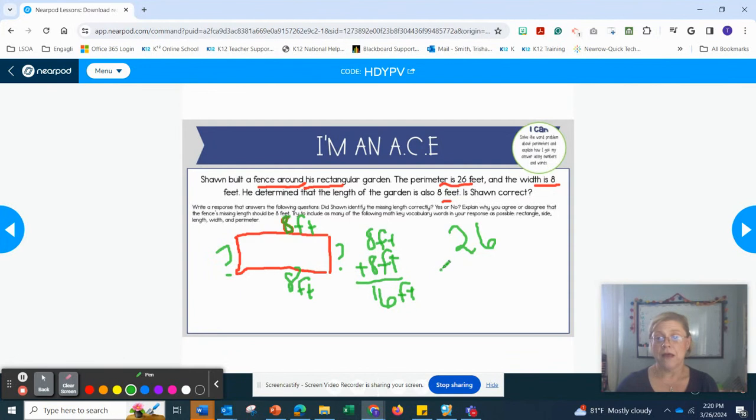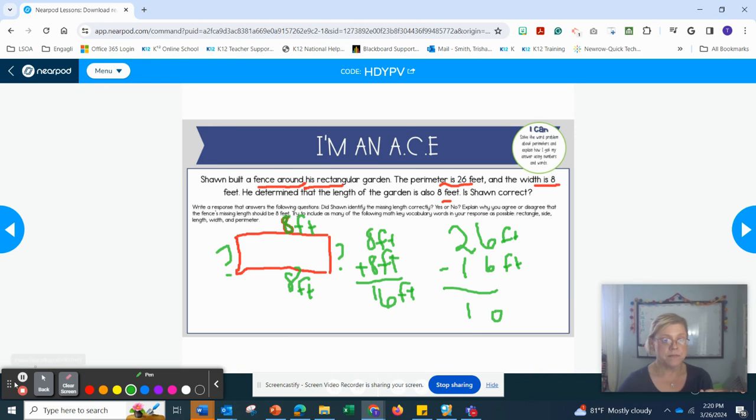So 26 minus 16 feet. 6 minus 6, 0. 2 minus 1, 1. So that leaves me with 10 feet left to play with.